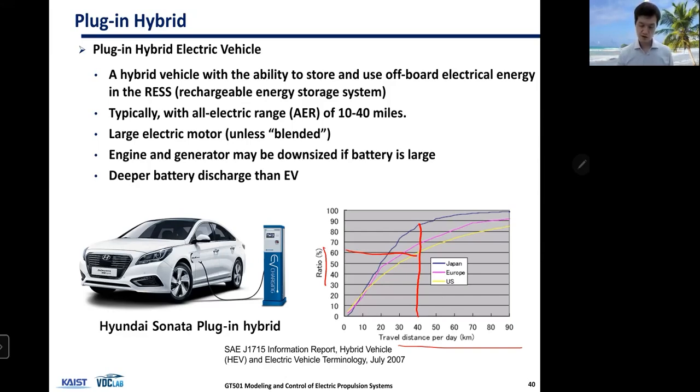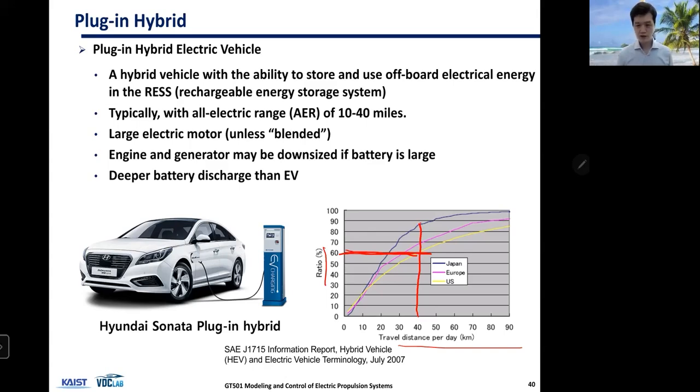So to give you the same ratio, you need a longer distance. Okay, so the idea came from this, where you don't really travel long distance every day.